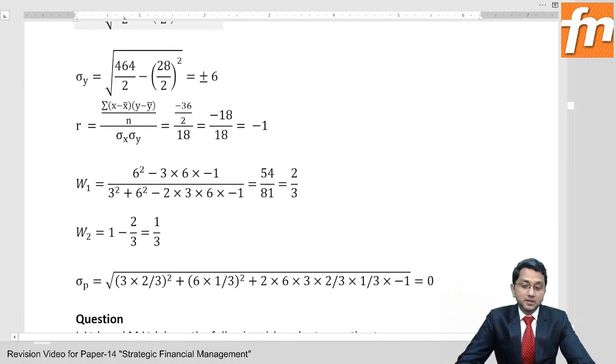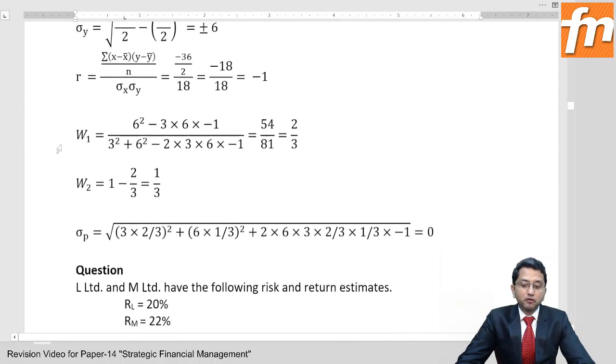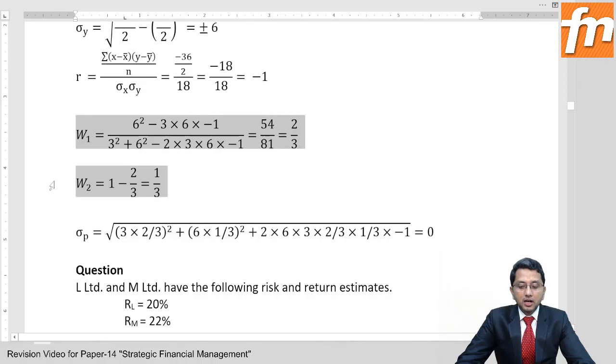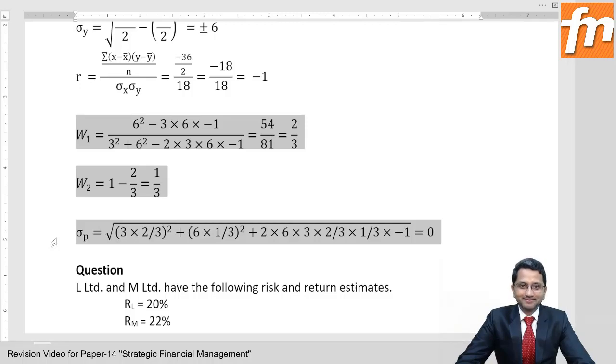But even for this, we first have to make the calculation, identify the weights, and apply those weights to check whether there exists a portfolio which has a risk less than the risk of either security taken alone.